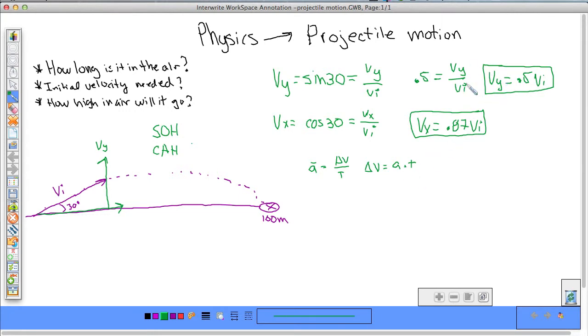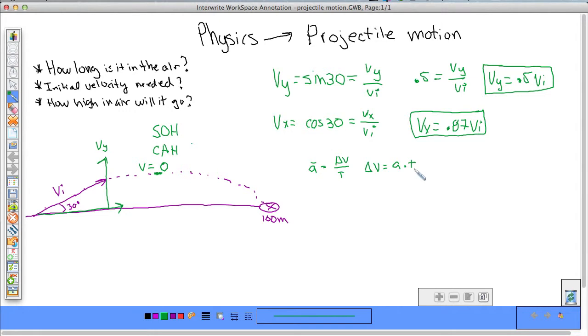When I'm thinking about my vertical velocity, I know that it is going to go up until gravity has taken it to its highest point. At the highest point, the thing is going to stop going up and then start going down. So there will be a point when my velocity equals 0. And that's going to be the highest point of my arc, when essentially my projectile stops moving up.